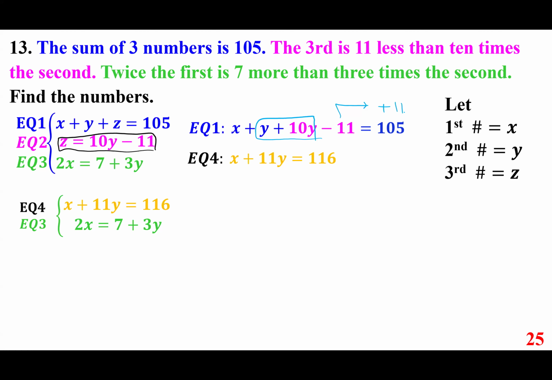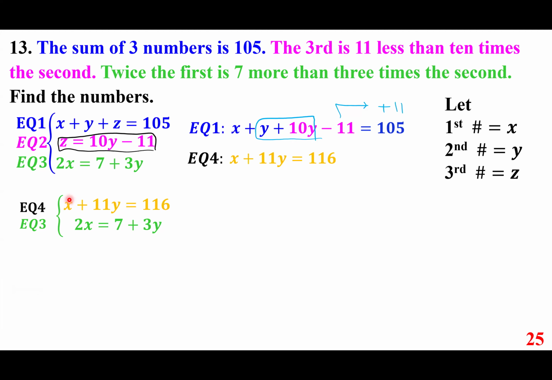Now, bear in mind, you can do anything you want. So I'm going to show you a very fast way to handle this. Instead of solving for x here, and you can, or for x here, and you can, see 2x is 7 plus 3y. So if I multiply this one by 2, then I can replace the 2x with 7 plus 3y.